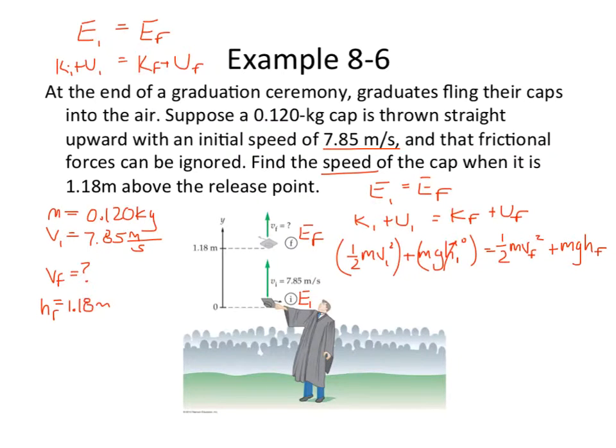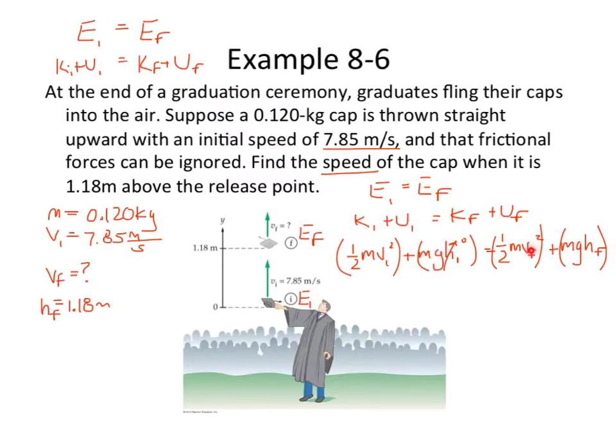Our final height is 1.18 meters above the launch point. If we call the launch point 0, then it has gone up 1.18 meters. So we have all of our energies described in more detail: kinetic initial, potential initial, kinetic final, potential final. Let's solve for this V final right here, because everything else we know.